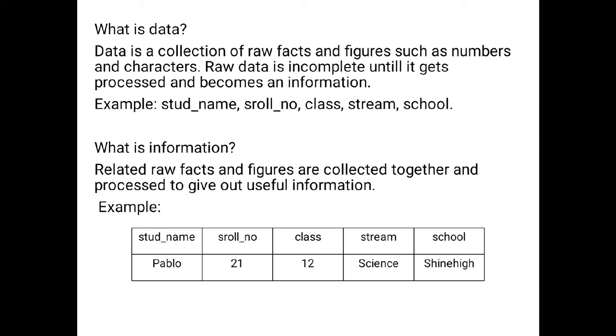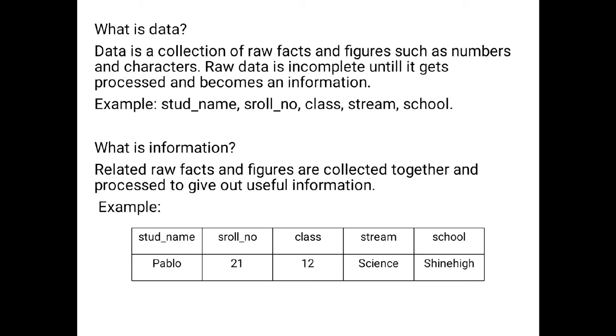Examples are student name, roll number, class, stream, school. All of them separately, on their own, do not make any sense. Student name itself has no meaning on its own.